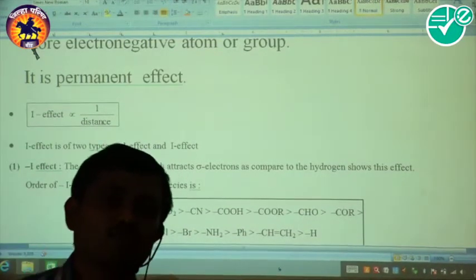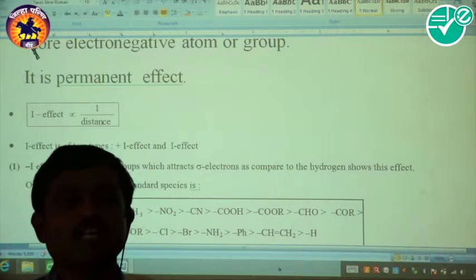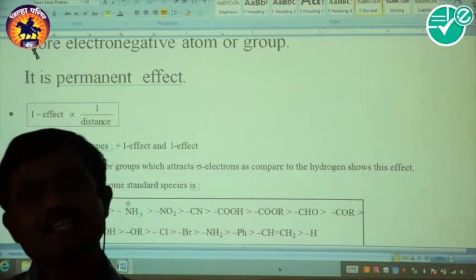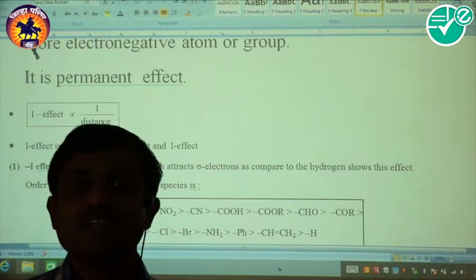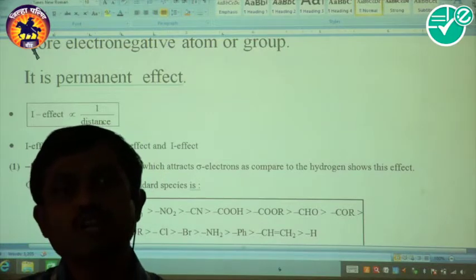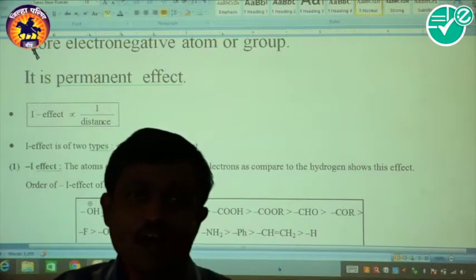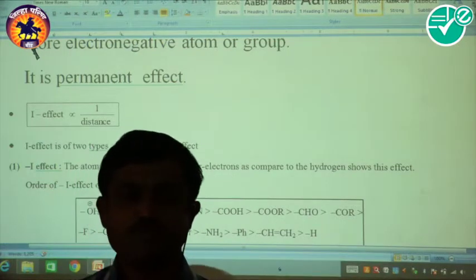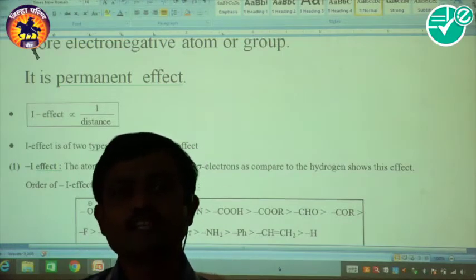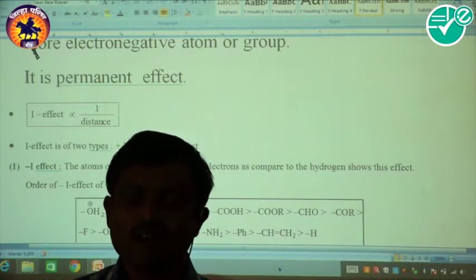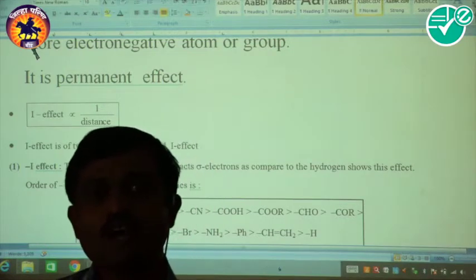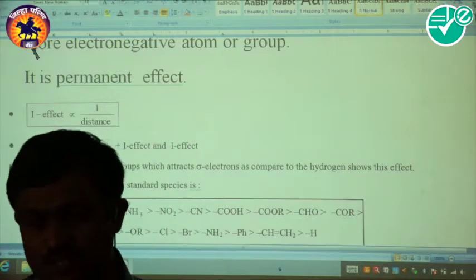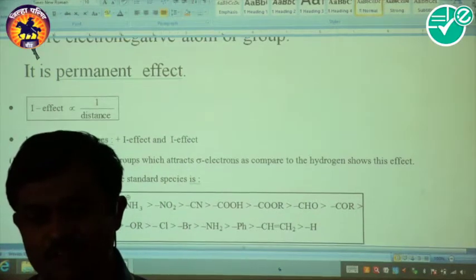It means the more electronegative element pulls the electron density towards itself, and the species which pushes away the electron density shows the positive inductive effect. The positive inductive effect is observed on species having the tendency to push away the electron density.